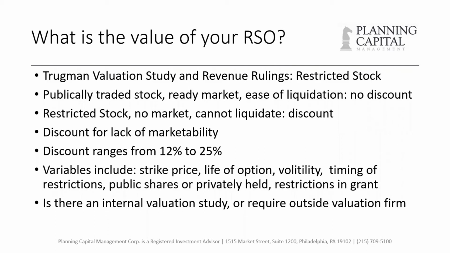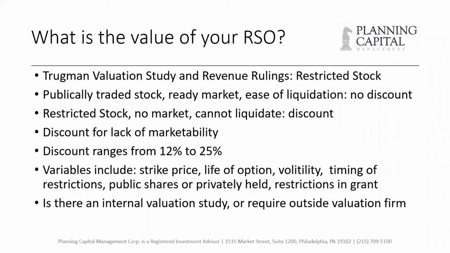Now, different valuation firms will apply different discounts based on several variables. I've been seeing the discounts in the 12 to 25% range. There are cases where the discount is higher.